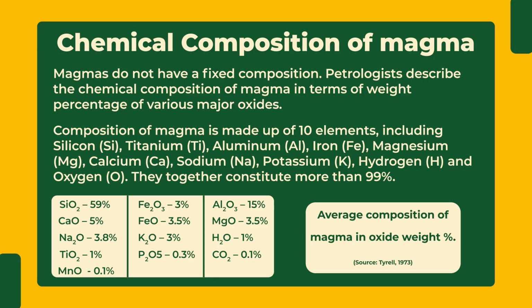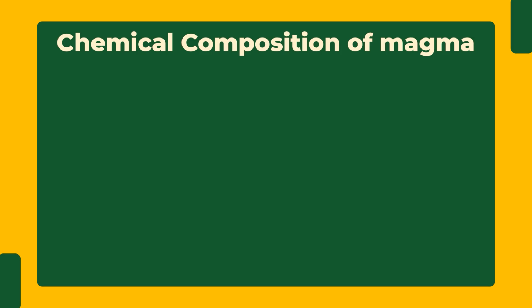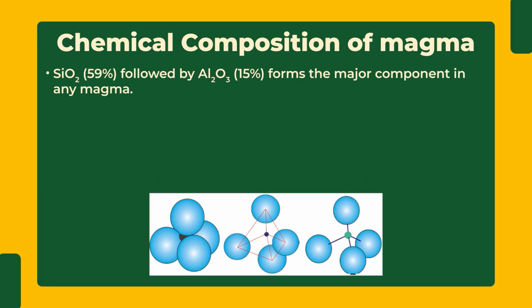You can see on your screens the oxides that dominate the composition of the magma are silica oxide, aluminum oxide and iron oxide, or it can be calcium oxide. Chemical composition of the magma, let us continue with the discussion.